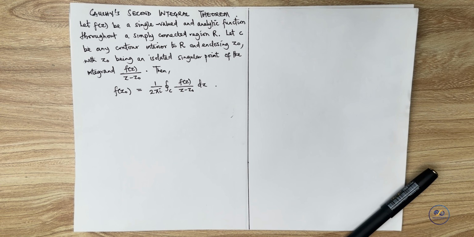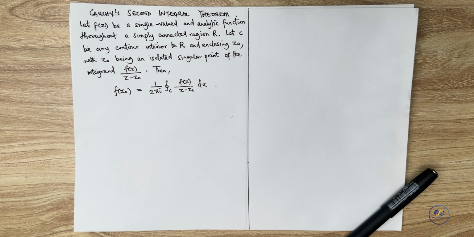So the goal of this, in order to utilize the fact that f(z) is single-valued and analytic throughout a simply connected region, is that we have no choice but to find a way of recreating this doubly connected region C as a simply connected region by removing or extracting out this isolated singular point.